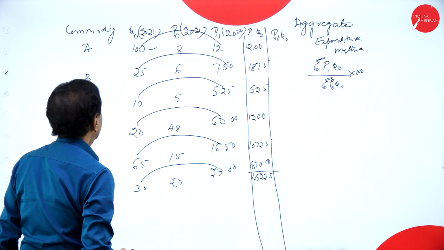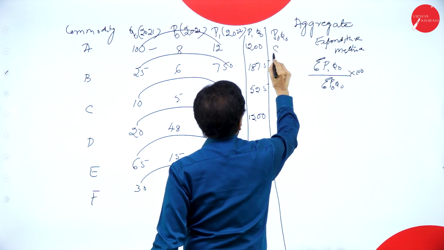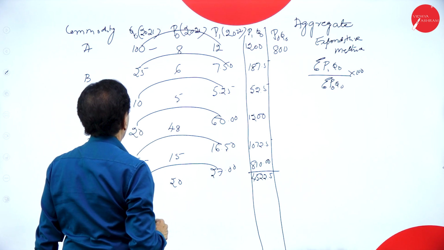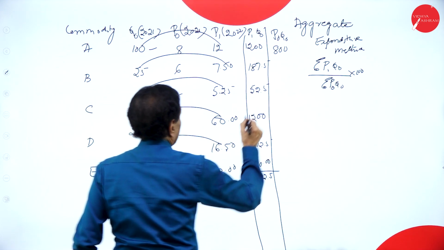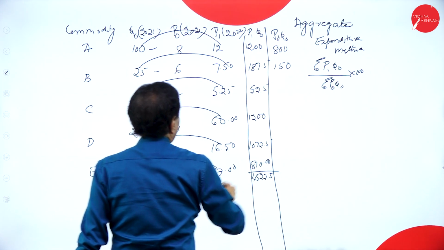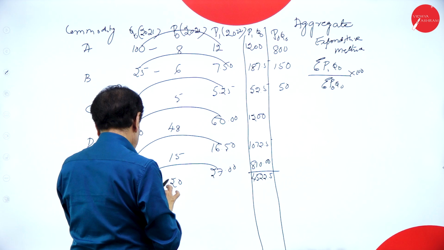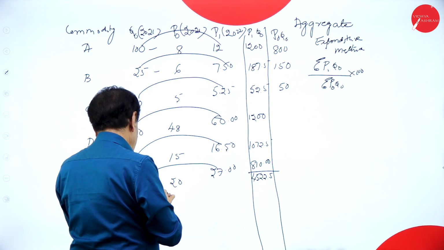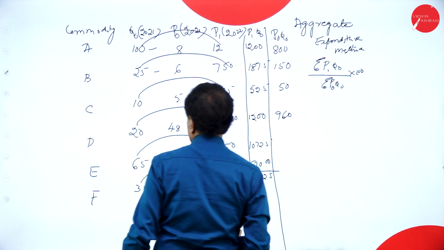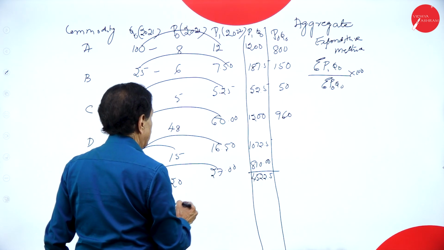Then P naught Q naught. P naught: 8 ones are 8, this is your 800. 25 into 6, 150. 10 into 5, 50. 20 into 48, 960. Then 65 into 15, 975.